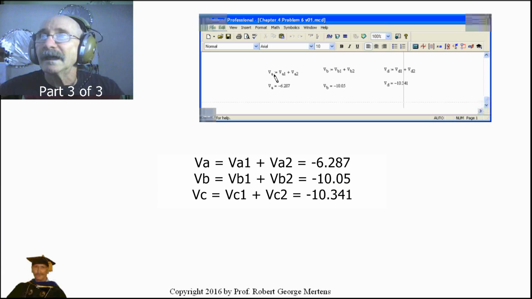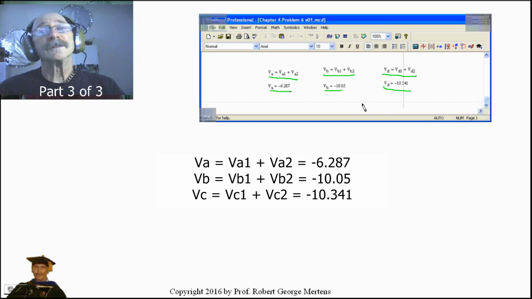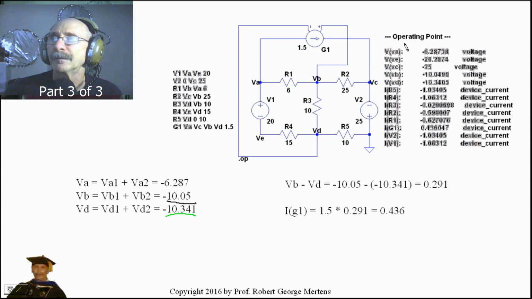Everything else is relative because all these power supplies are built into the circuit relative to the other power supplies in the circuit. Then VA is VA1 plus VA2, and we get a total. When we add these two up, we get minus 6.287. VB is equal to VB1 plus VB2, and then VB comes out to minus 10.05. VD, VD1 plus VD2, that comes out to minus 10.341. Now, does that match up with what we believe that SPICE should be getting? When we ran this, the operating point was a DC operating point.